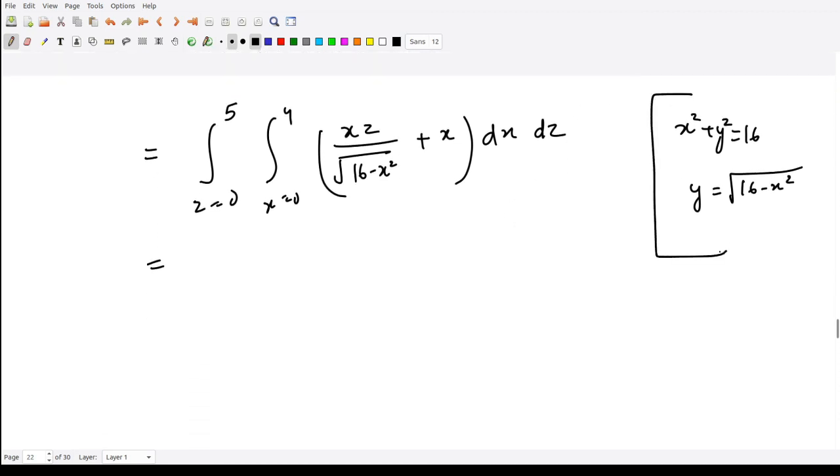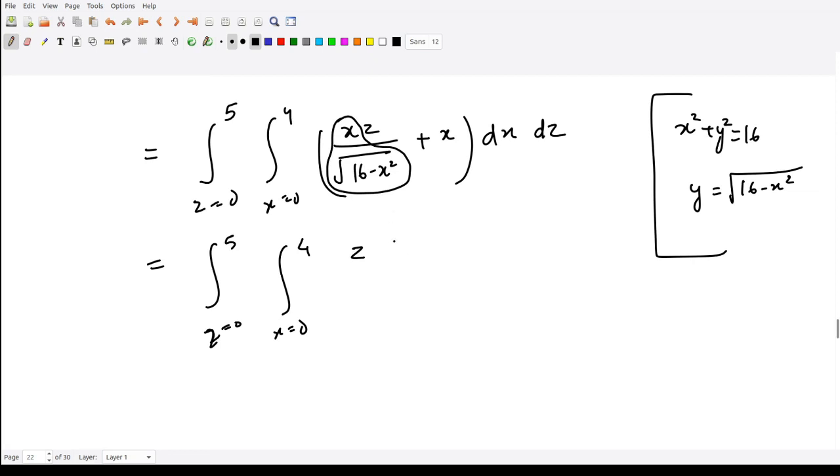So its integration, how can you solve that? You can substitute 16 minus x square as another quantity, so you have x into dx. So we will obtain here, this could be written as z varying from 0 to 5, x varying from 0 to 4, right? Z is constant, so it won't matter here. So you will have z as such, and then the integration of this quantity with respect to x, what would be that?